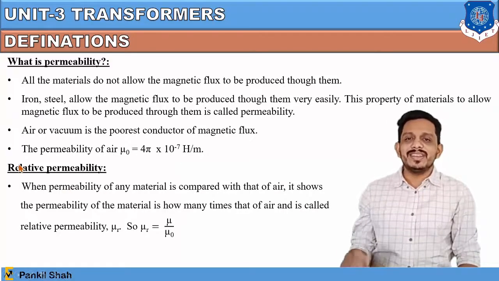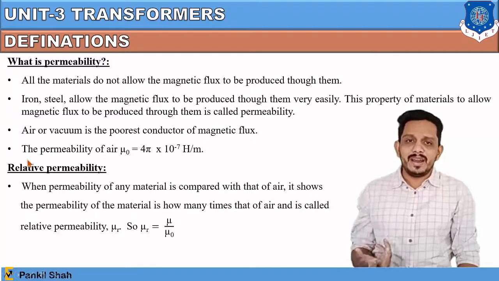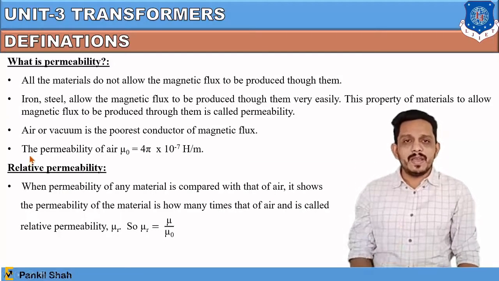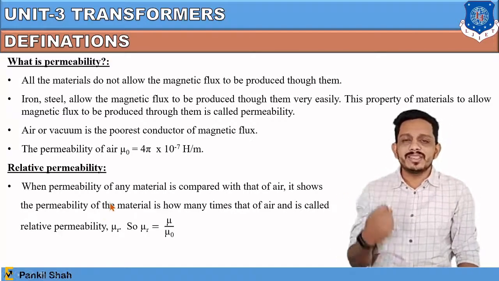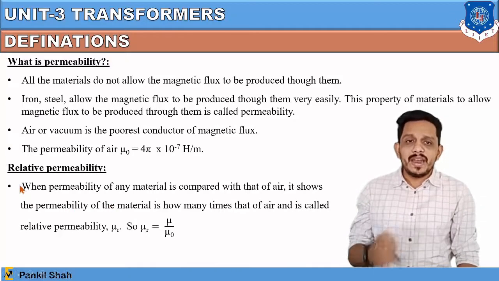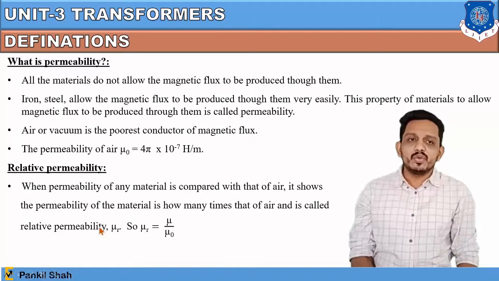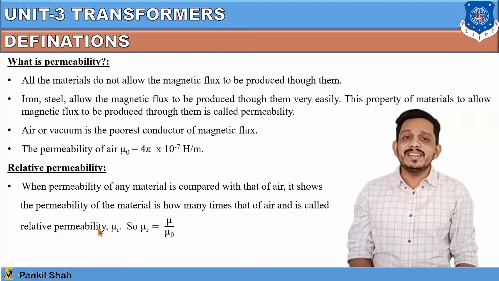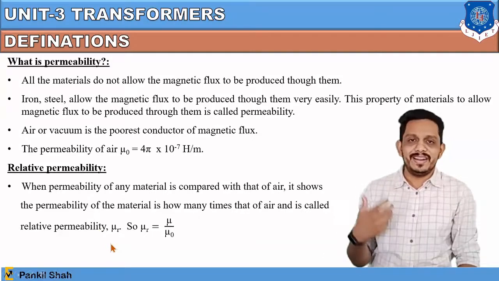The next definition is relative permeability. We know the permeability of air. Now we can relate this permeability with any type of material that is given. That term is known as the relative permeability. When the permeability of any material is compared with air, it shows how many times the permeability of the material is that of air, and this is known as the relative permeability.